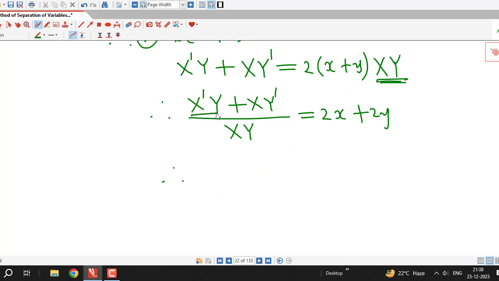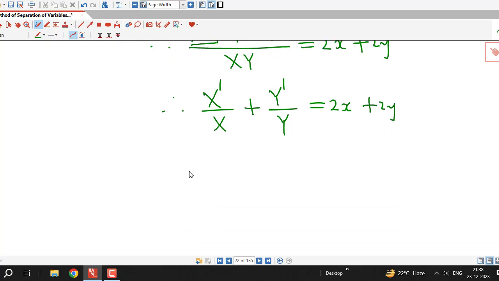Therefore now we divide X dash Y by X into Y, so Y will get cancelled and we have X dash over X, plus X Y dash divided by X into Y, so X will get cancelled and we have Y dash over Y, and this is equal to 2x plus 2y.